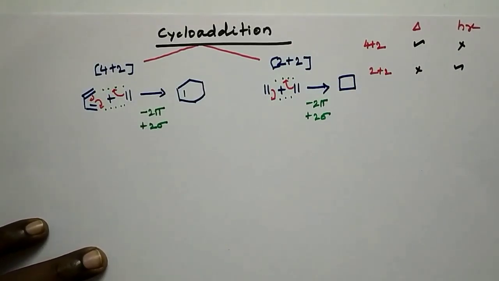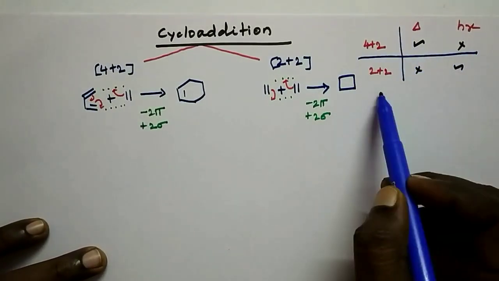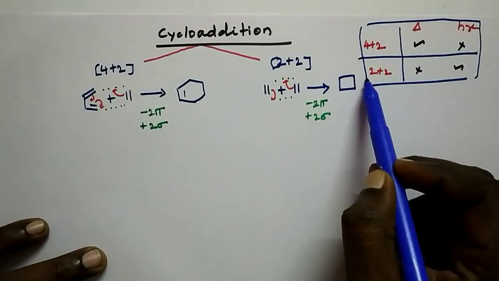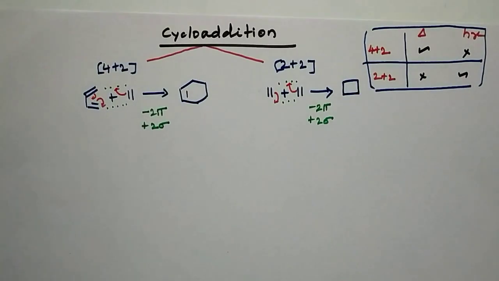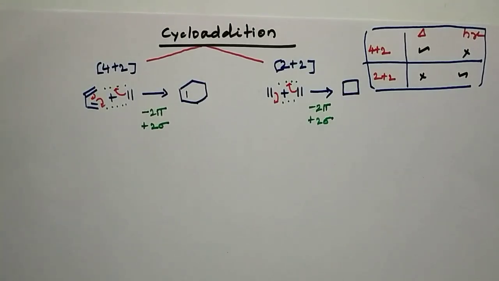You need to remember this rule. 4 plus 2 thermally allowed, 2 plus 2 photochemically allowed. How did it come to be? Let's see.